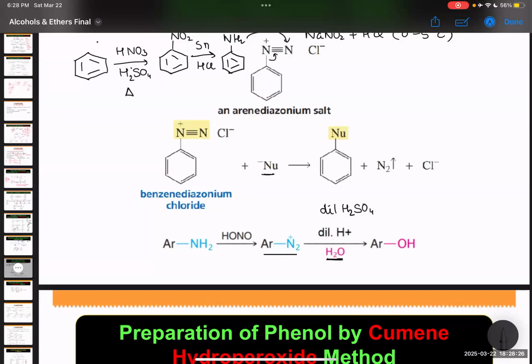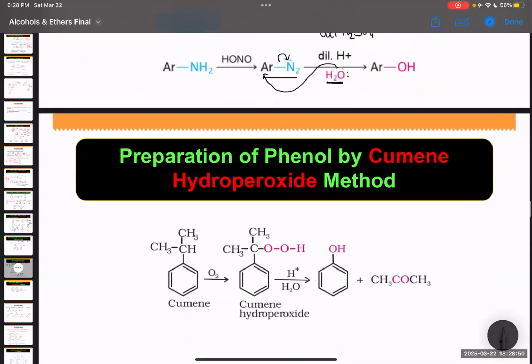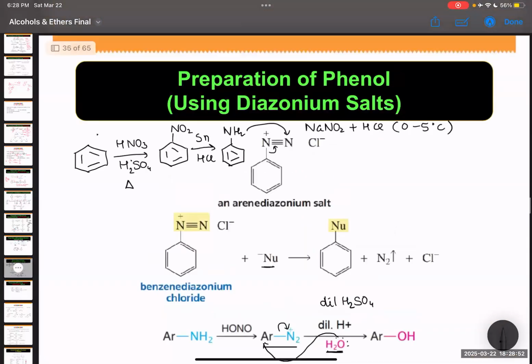Dilute H2SO4 means it contains water which acts as a nucleophile. N2 comes out upon heating. It is an SN1 reaction, and H2O comes and occupies the position on which the N2 was present. Got it? So that is through diazonium.